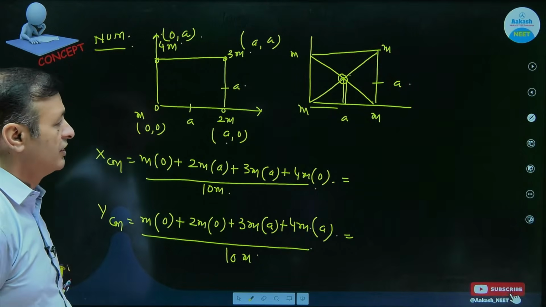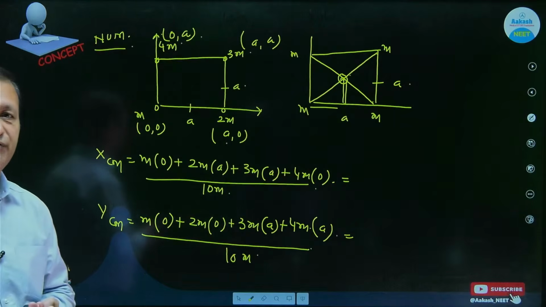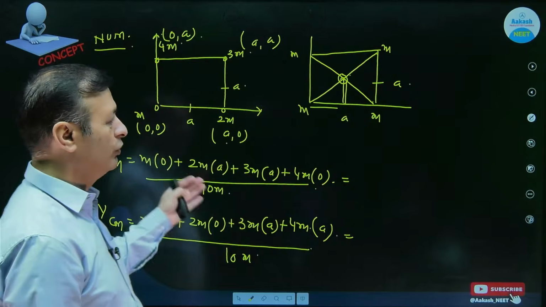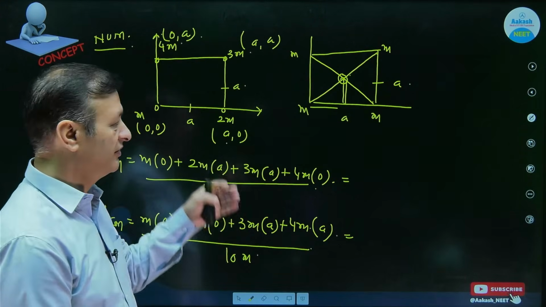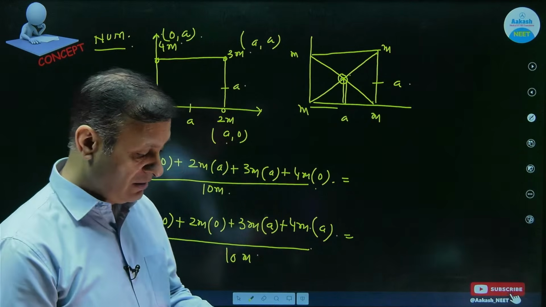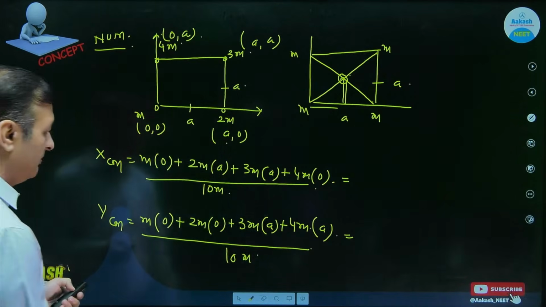So this is for distribution. So center of mass is again defined for distribution of point masses. So you have calculated for 2 particle, for 3 particle, for 4 particle system, and this is how we can go ahead and apply it. Now let's find out for certain continuous mass distribution.